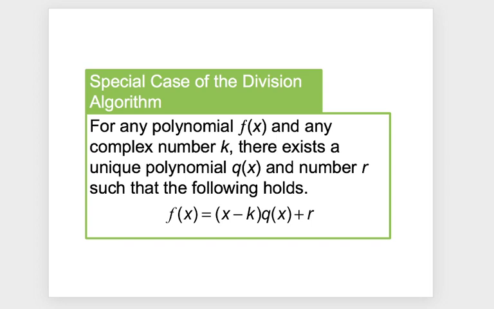We can rewrite it to look like this. It's okay if it looks kind of confusing. It's saying here f of x is equal to x minus k times q of x, plus r. So I'm going to go to my digital whiteboard right now.